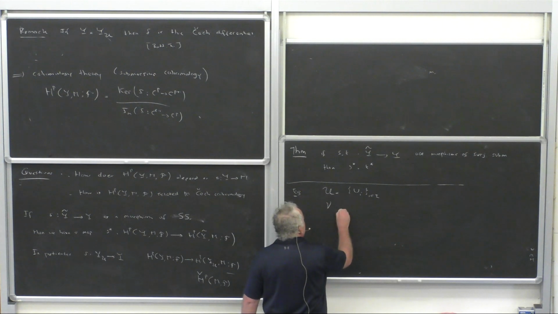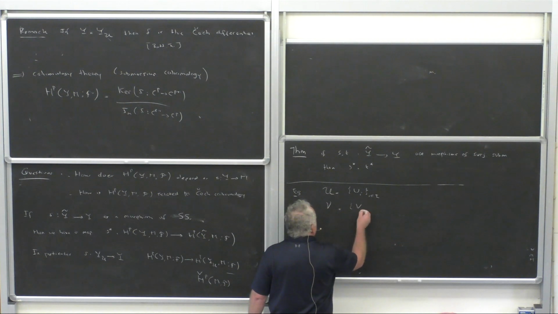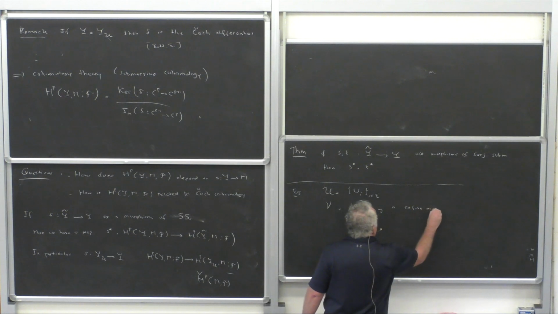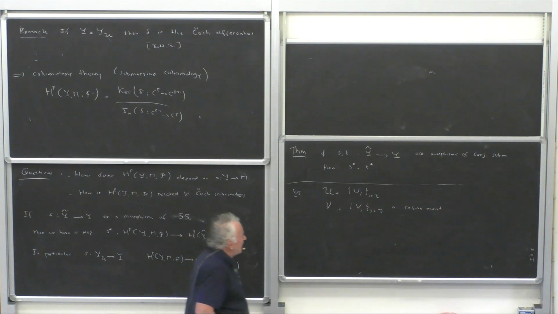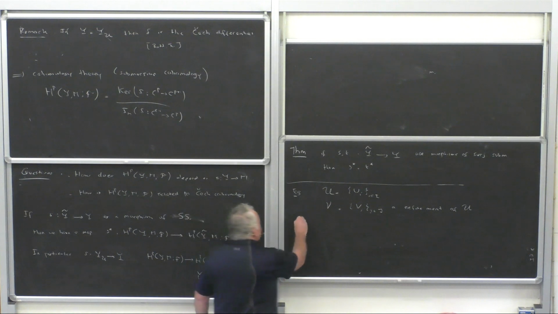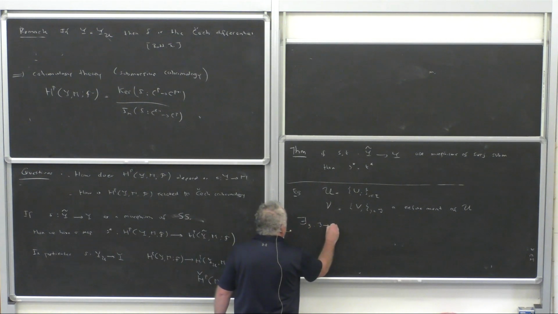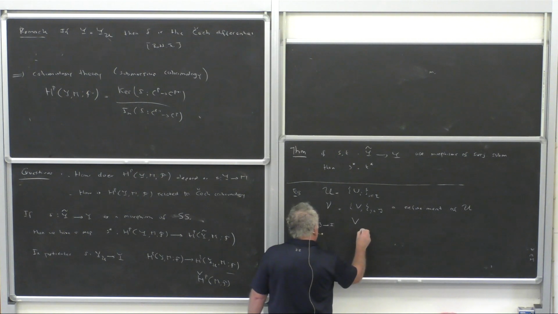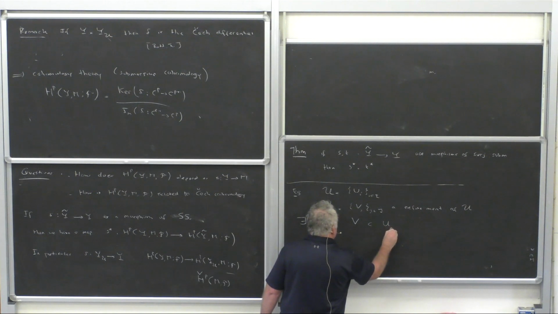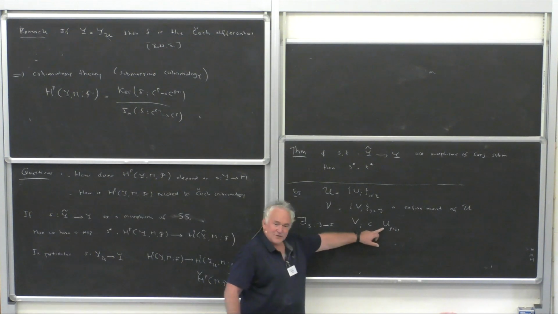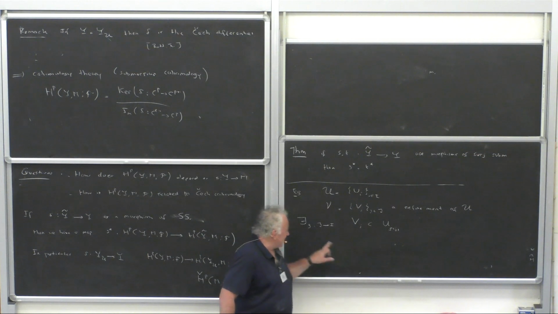If I have an open cover U, and V is a refinement of U, a refinement means there exists a map rho from J to I such that each V_j is sitting in some U_i, and that U_i is given by the map rho.